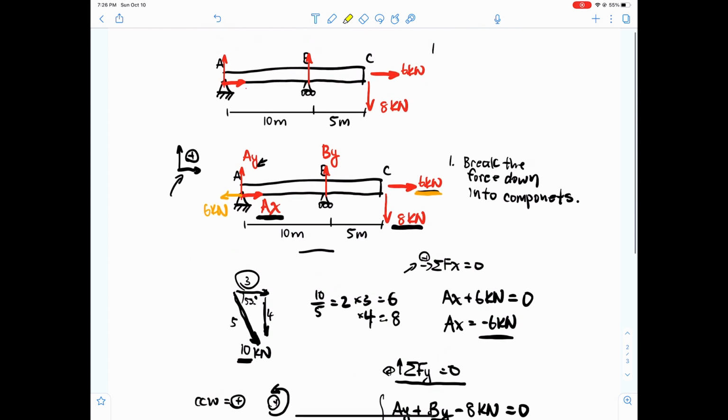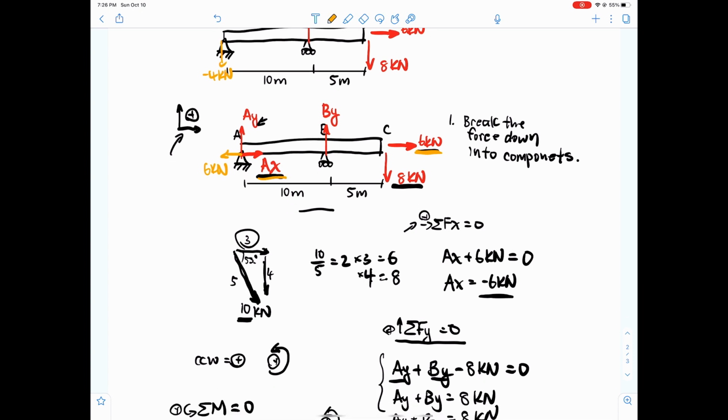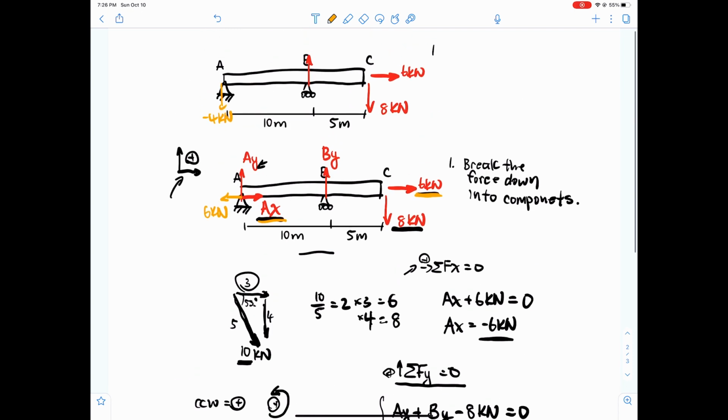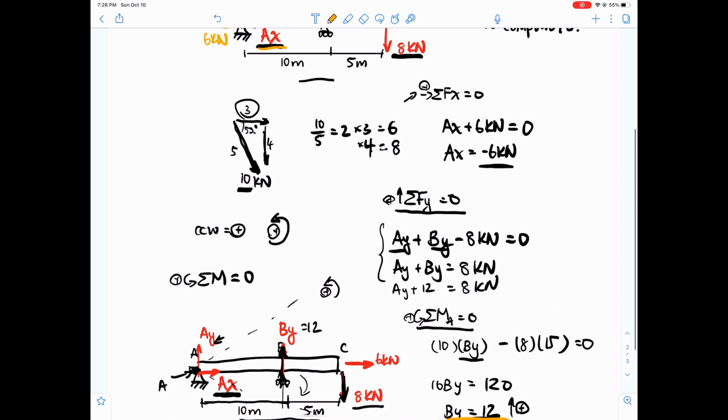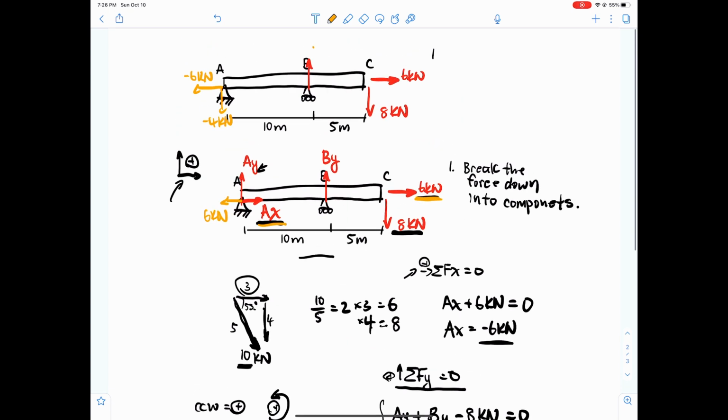Since we defined up as positive, we can just switch the direction and say this is 4 kilonewtons. Same thing with this one here, Ax is negative 6. And By, finally, we got 12, so this will be 12 kilonewtons going upwards.